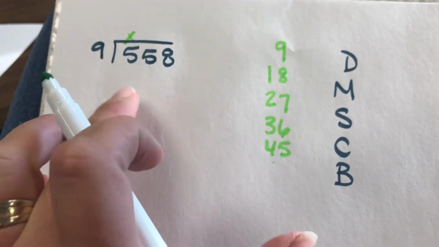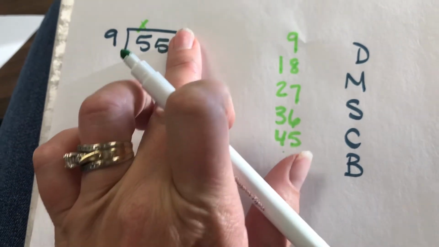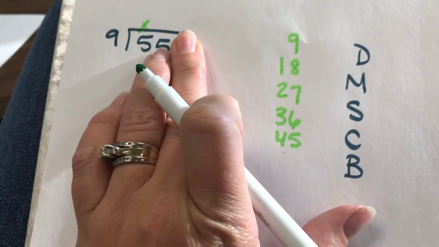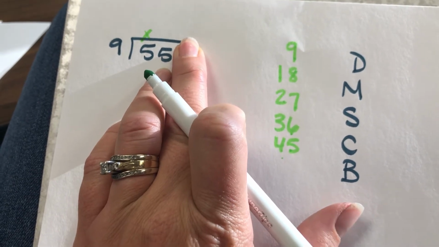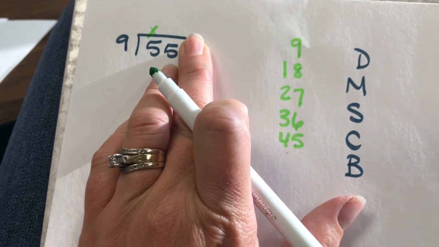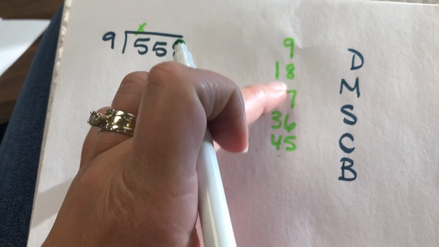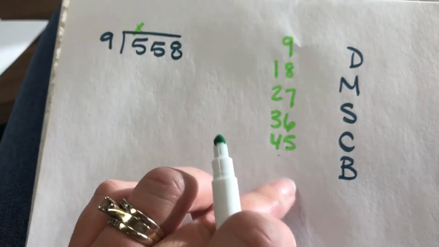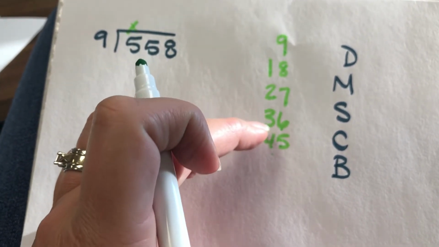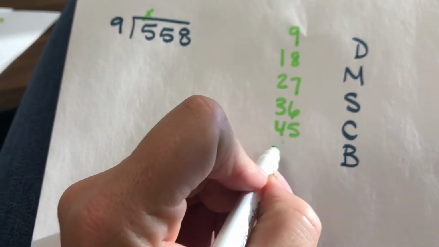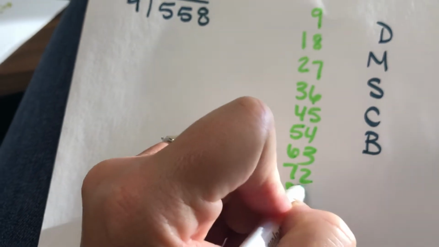So I'm going to move over. Those 5 hundreds get merged with my 10s. So now I have 55 10s. Do I have enough 10s to put into groups of 9? Yes, definitely I have more than that. Right now I have less than 55, so let me keep going. 36, 45, 54, and 63, 72, 81, 90.